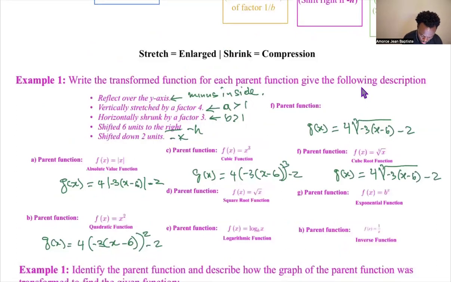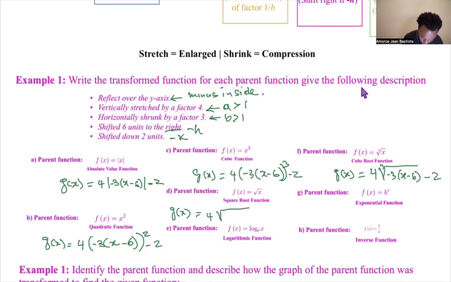So that is g of x equals 4 square root of negative 3 x minus 6 minus 2.